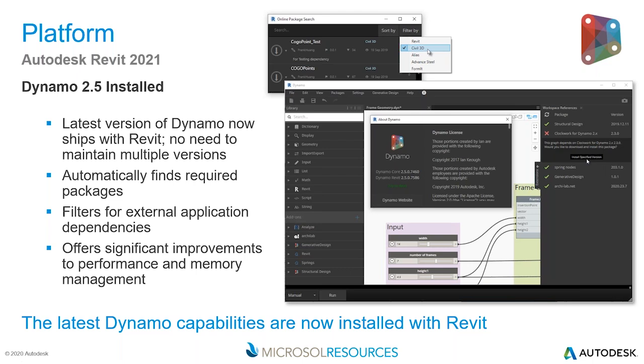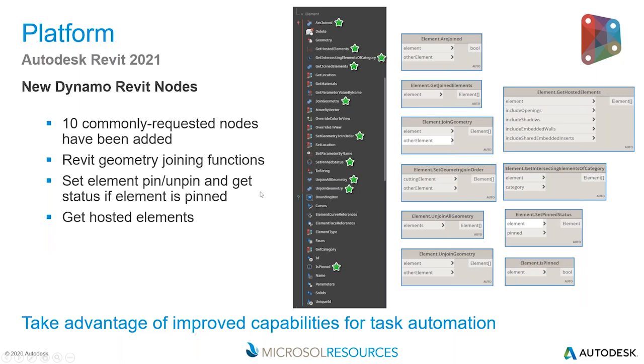So what else is going on with the Dynamo enhancements? They're going to improve the computational design workflows in 2021. Let's talk about some other features of Dynamo. New Revit nodes like join geometry and unjoin all. These are things that I constantly see when troubleshooting models. So 10 commonly requested nodes have been added to the interface, so we can create scripts that find geometry a lot easier.